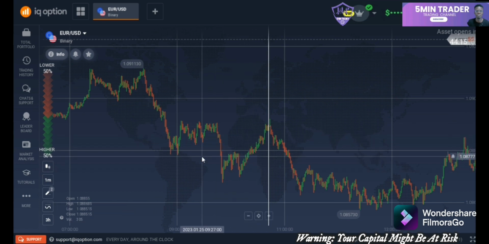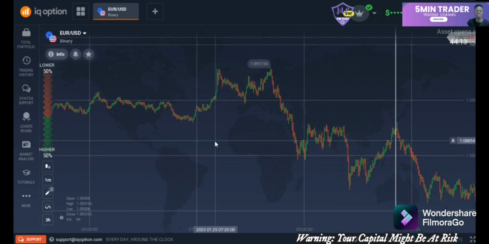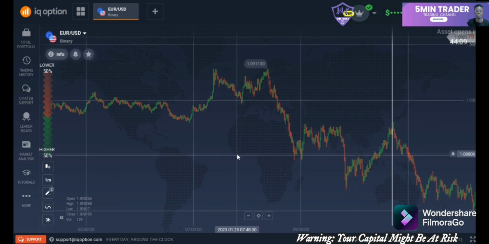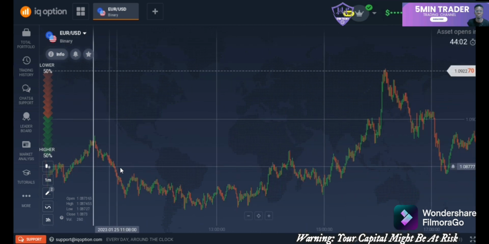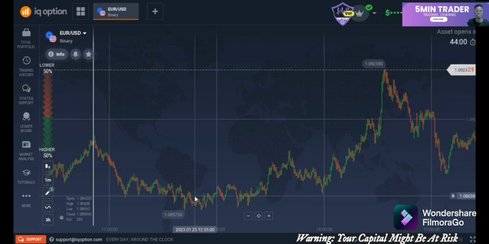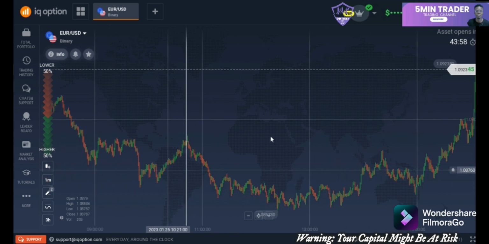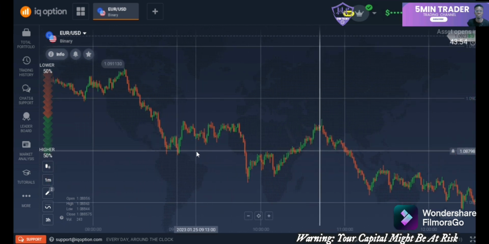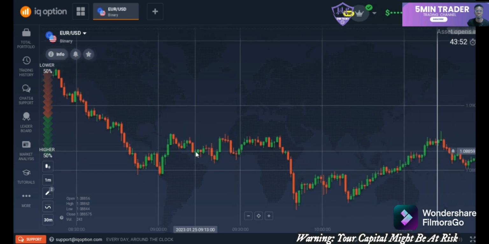Now how do you know when the market is ranging? The three main ways that the market moves: it either moves down, or it moves up, or it will range. When the market ranges, it bounces between two lines.